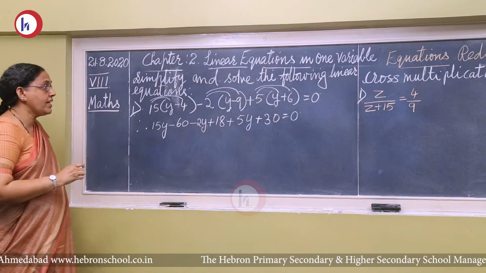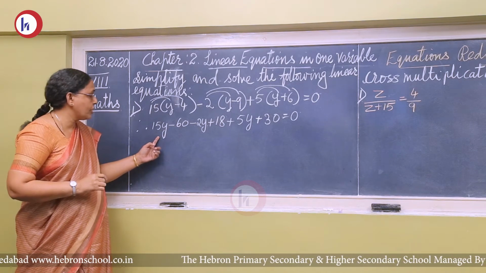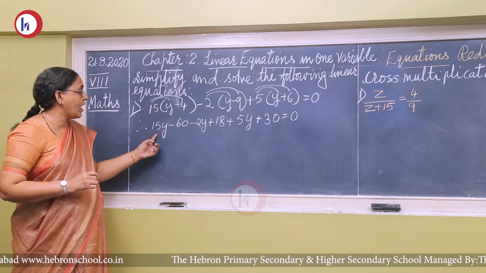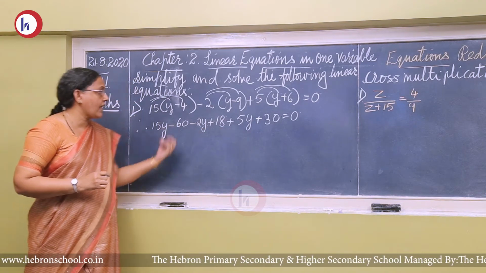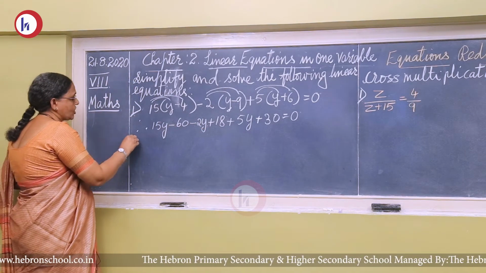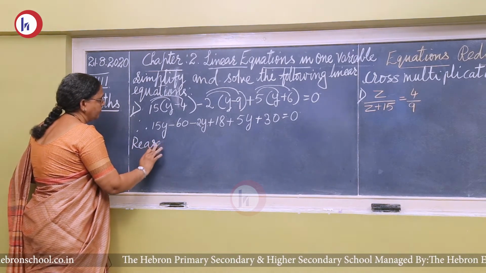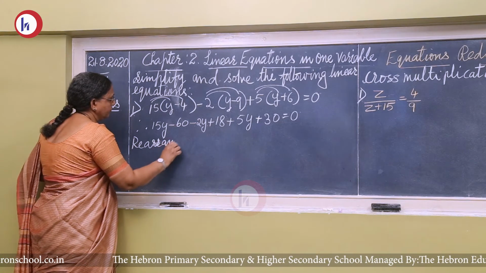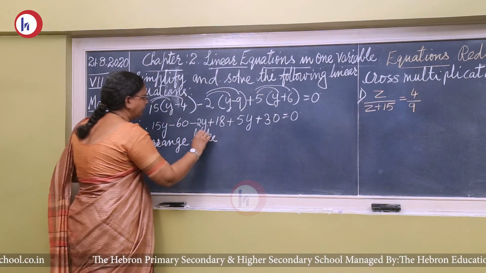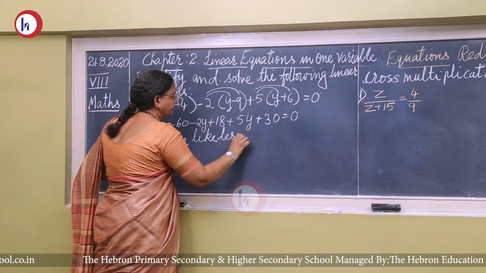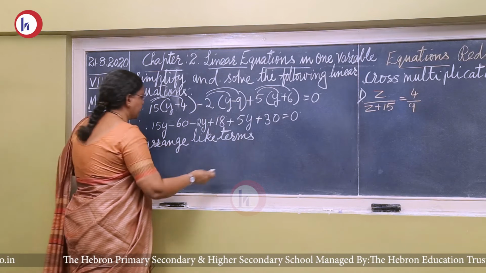Now we have to rearrange the like terms. Here some like terms are there. That is 15y, like term with the minus 2y, like term with the 5y. So rearrange the like terms, and take the constants to the RHS.